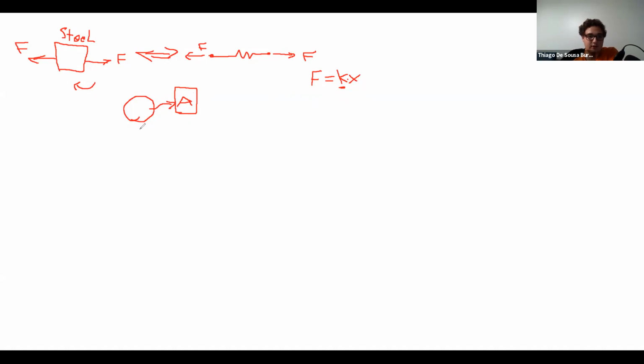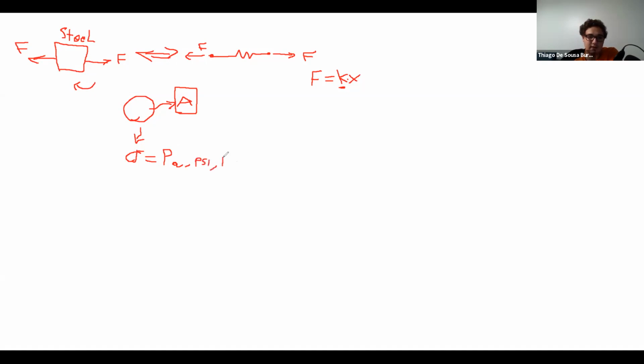So usually we're concerned about the stress that's being applied on this, and it's usually represented by a sigma. So sigma is in units of Pa, or any multiple of this, or pounds per inch squared, PSI.